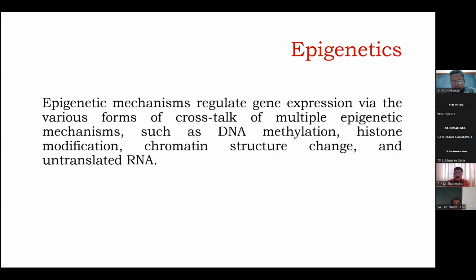As I told, epigenetic mechanisms are today one of the most important studies to be carried out in relation to diabetes. So which genes are silent, in what condition the genes are activated or regulated, and in what condition the genes are suppressed. These conditions we need to understand, and the factors responsible for these regulations and expressions. If we understand, probably we can resolve the issues for diabetic management.